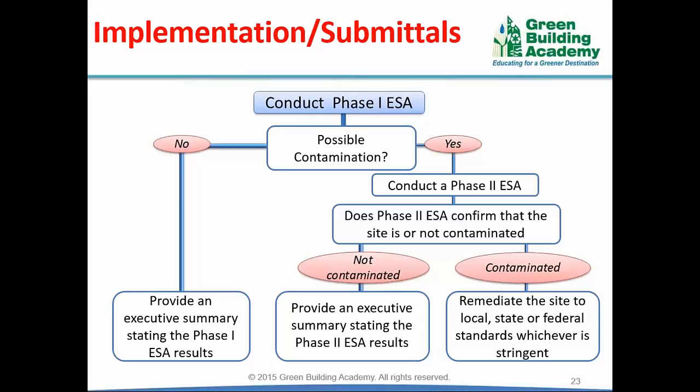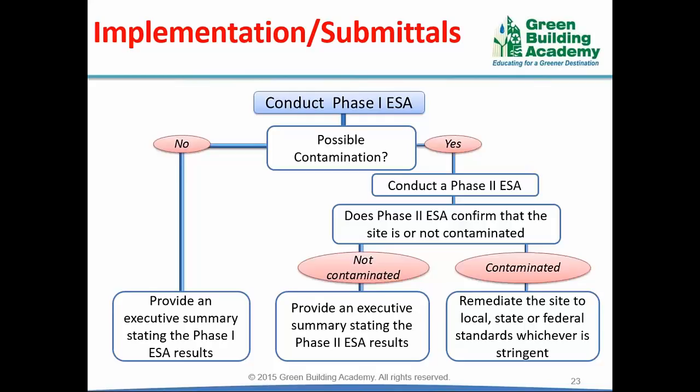So this will be the flow chart for the activity for this prerequisite. You have to conduct Phase 1 ESA. It is the prerequisite for schools and healthcare projects. If there is possible contamination, if your answer is no on the left, you will provide an executive summary stating the results and you will get the prerequisite.